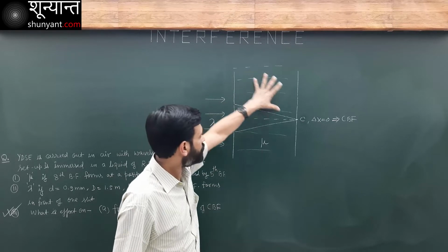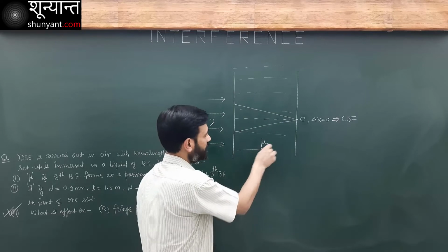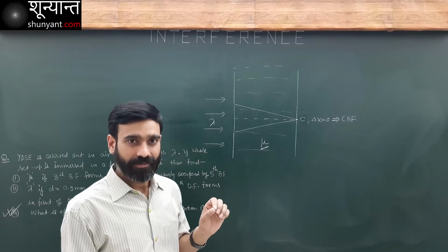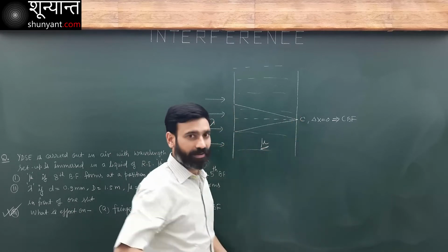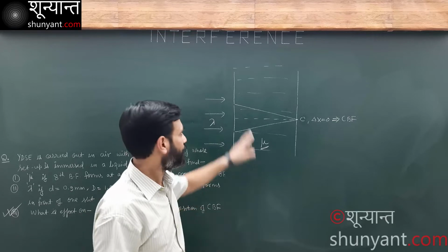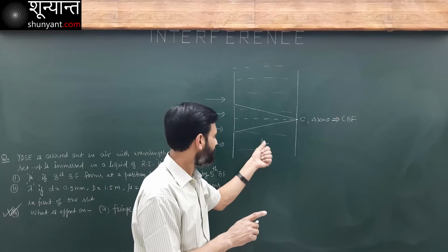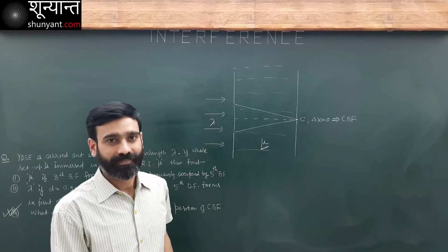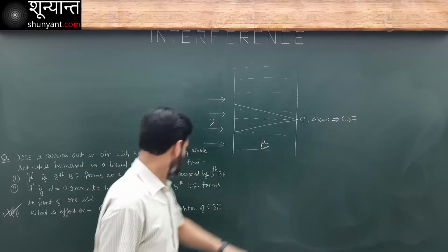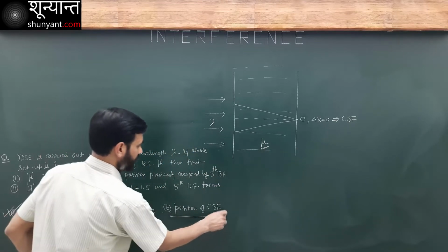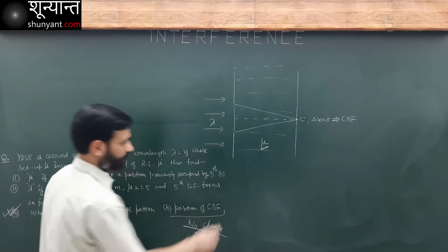Now, if I fill up this whole thing with this liquid, then also the geometrical path is the same, and the optical path is also the same because both light rays pass through the same medium. So the position of the central bright fringe has no change.